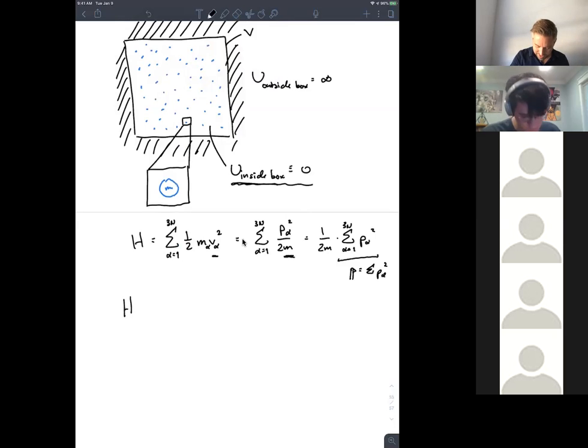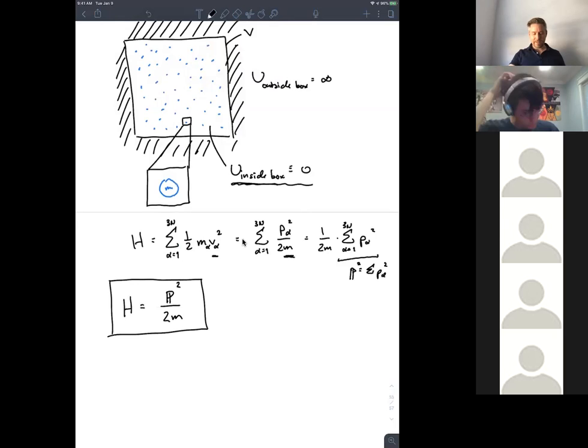So my Hamiltonian is big fancy P squared over 2m. Piece of cake. So there it is. That's my Hamiltonian.